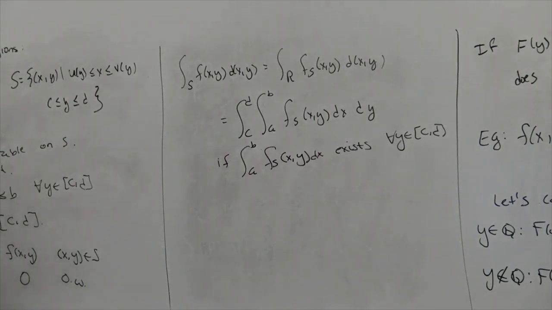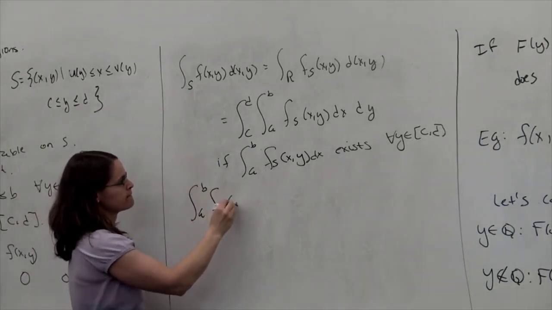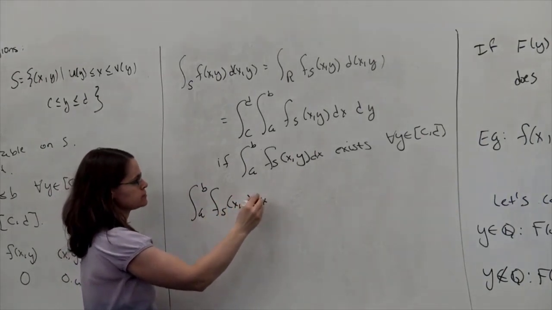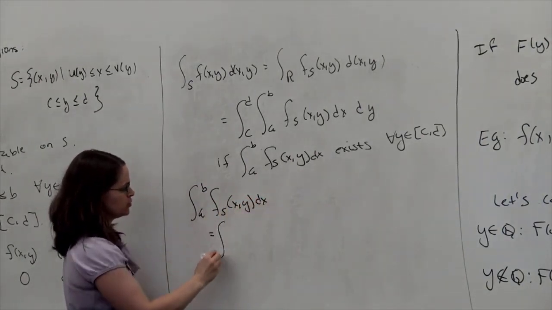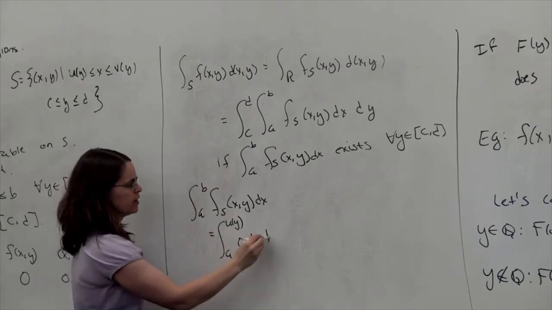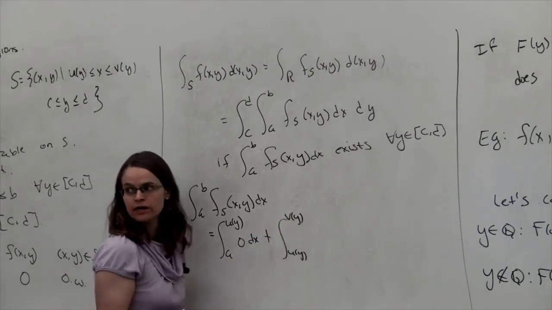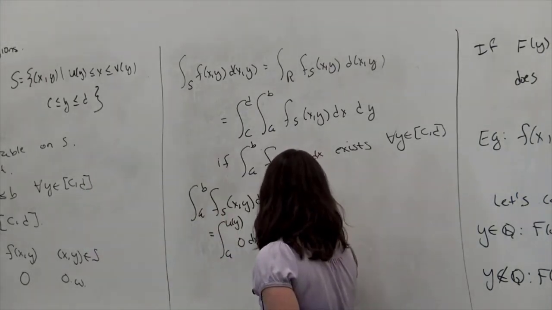We're integrating from A to B. Well, in this part, I'm integrating the 0 function. Then I'm integrating my function, and then the 0 function again. So I'm going to just break this up. This guy is equal to the integral from A to u of 0 plus the integral from u to v. And here, this is the same as my original function.